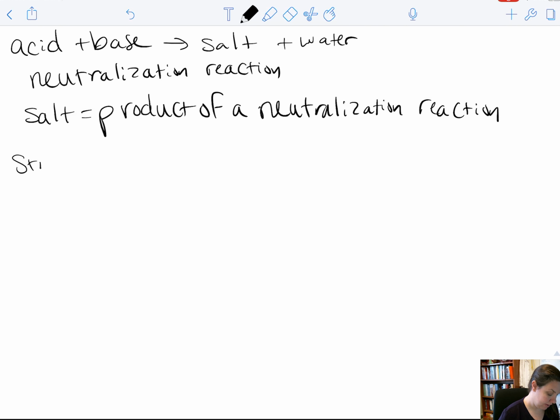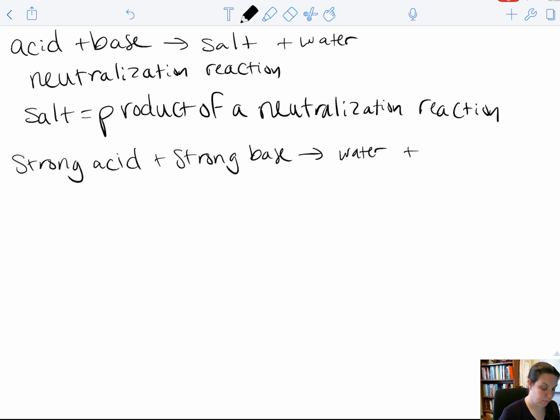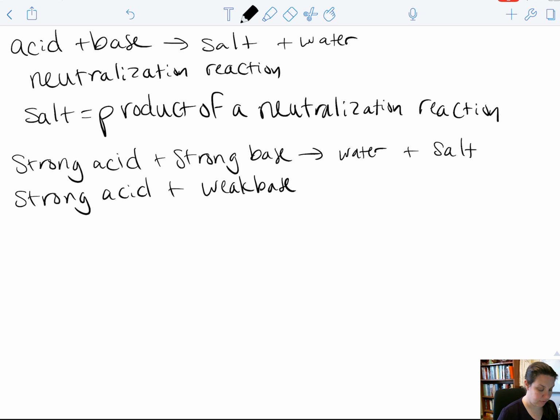So we have strong acid plus a strong base react to produce water plus a salt. We also have a strong acid reacting with a weak base. It's still a neutralization reaction.